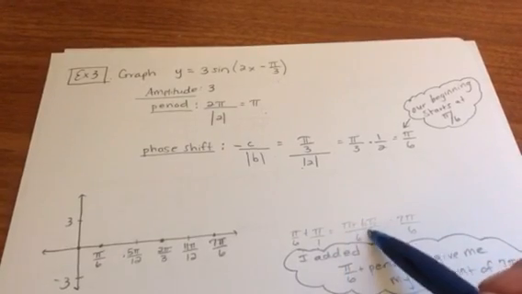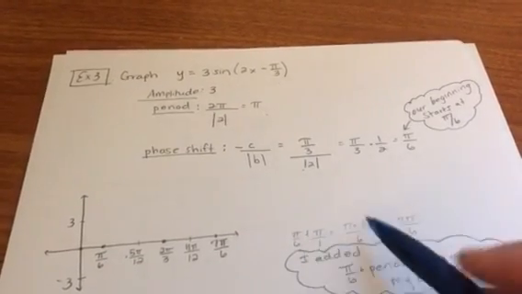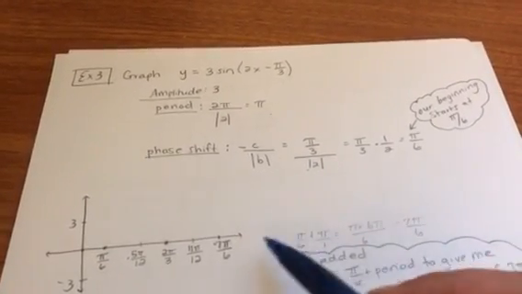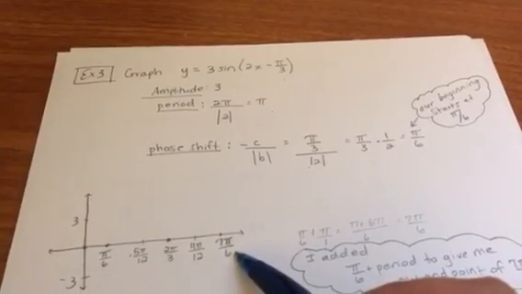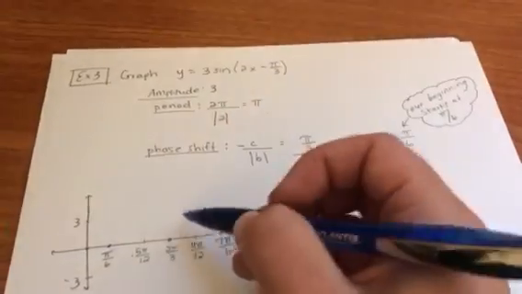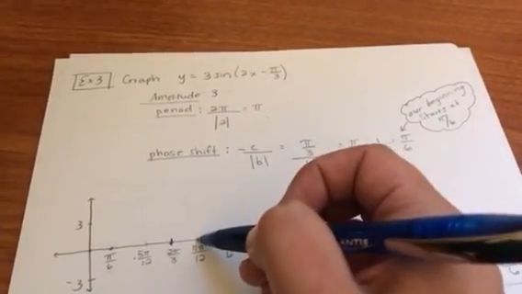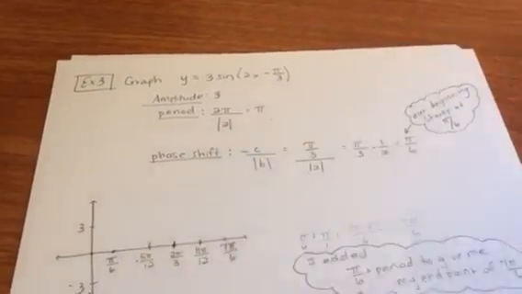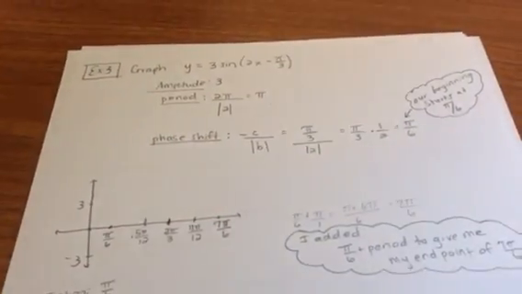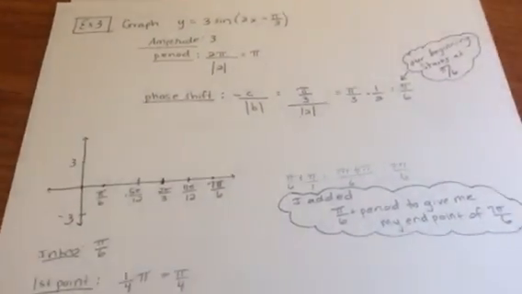So it's pi plus 6 pi over 6, which is the same as pi. I get 7 pi over 6, so I know that my ending point is going to be 7 pi over 6. So that leaves me the job of figuring out what this point is, what this point is, and what this point is.